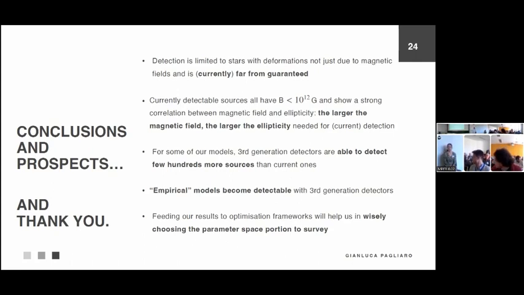If you say one of the points is that third generation detectors are able to detect a few hundred more sources than the current one. So current is 0. Yeah, current is 0. You're right. So 100 times 0 is again 0. That's true. So that factor is comparing what model gives us currently detectable sources.